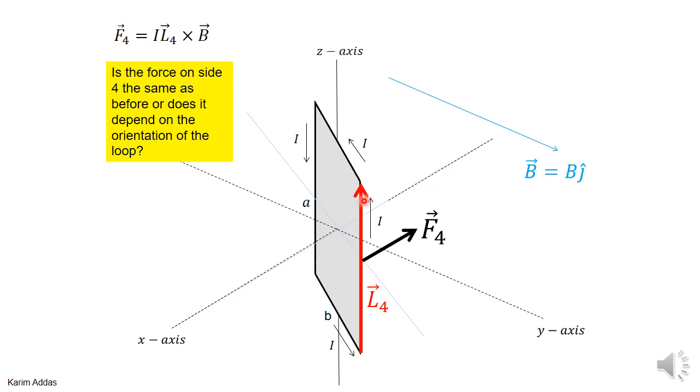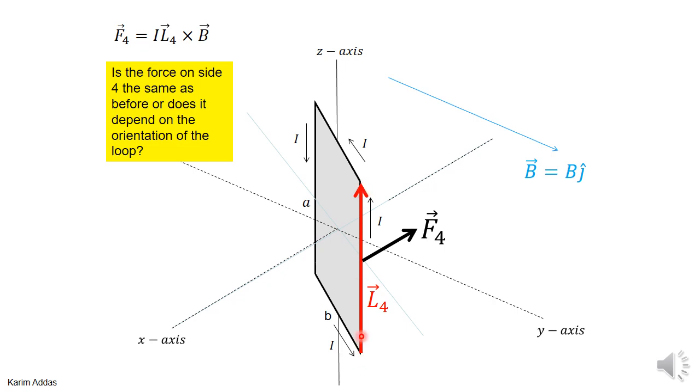Is the force on the right side different than it was when the loop was not rotated? When the loop was in the YZ plane, is the force going to be the same on this side or is it different? Does the force change when this angle changes? Well, the force doesn't change at all. Why? Because I is the same. It hasn't changed. L4 is the vector from here to here. It's pointing in the Z direction always.